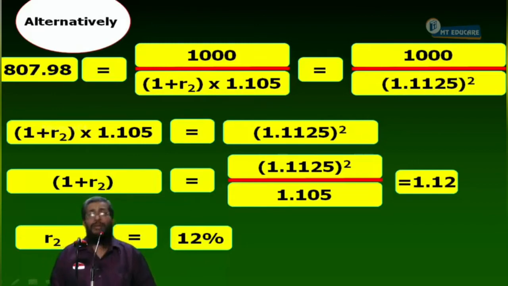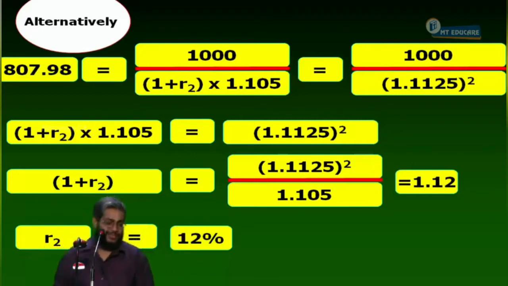Now, you may ask, sir, why am I not doing this in the previous sum? The problem in the previous sum is that I have multiple uneven cash flows. For example, for a 2-year bond, if I say first year 10,000 and second year 1 lakh 10,000, I cannot take the numerator common outside.